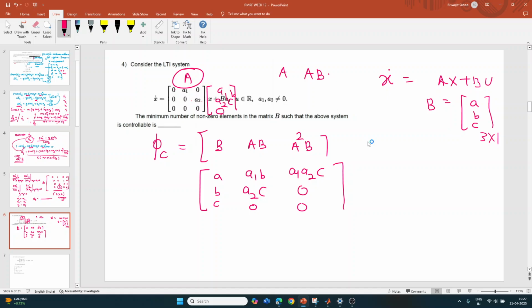After you find out these three values, you find out the determinant of the matrix. So now what is the determinant of the matrix? This column is 0, this column is 0, so only C is remaining. So you can write the determinant equal to C into this is 3 cross 1. So C into how much?